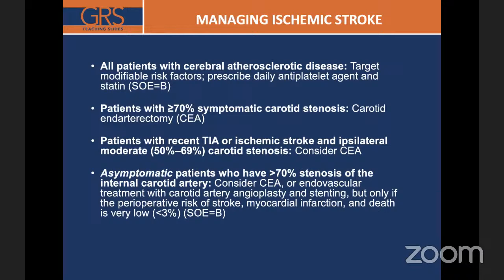Patients with recent TIA or ischemic stroke and ipsilateral moderate 50% to 69% carotid stenosis will also need to consider carotid endarterectomy. Asymptomatic patients who have more than 70% stenosis of the internal carotid artery will also need to consider CEA or endovascular treatment with carotid artery angioplasty and stenting, but only if the perioperative risk of stroke, MI, and death is very low, less than 3%.